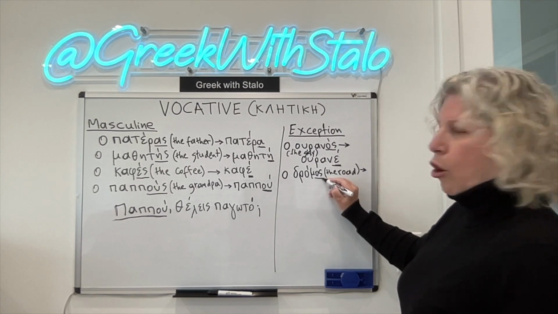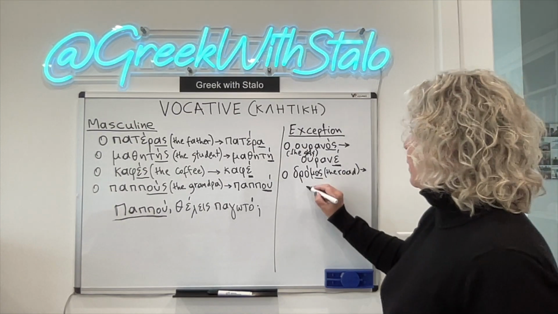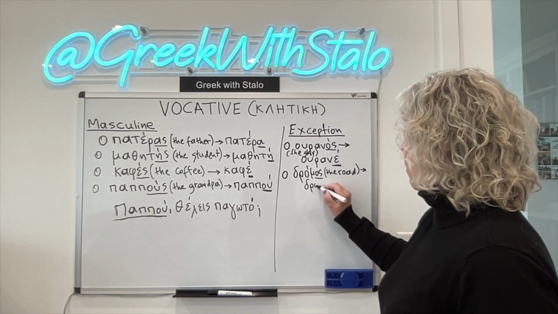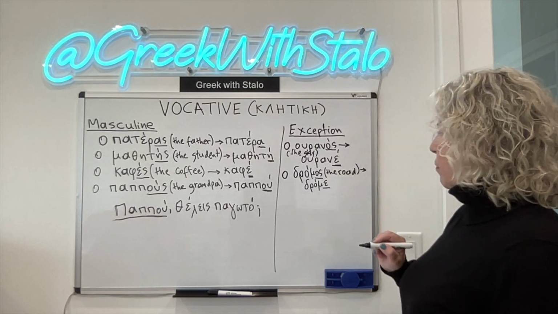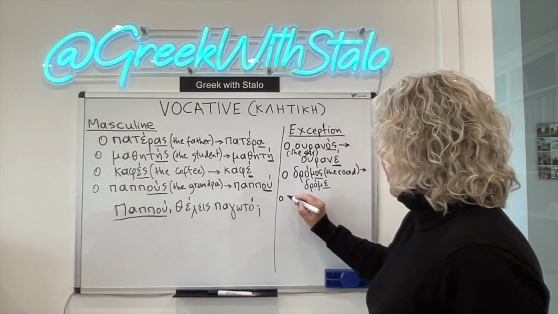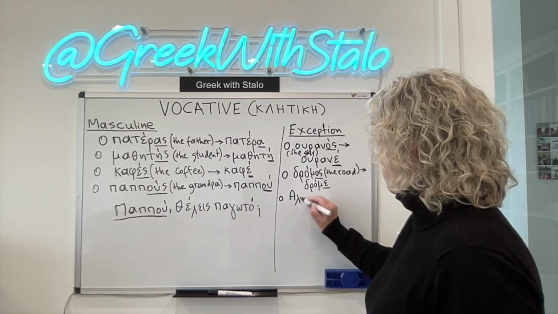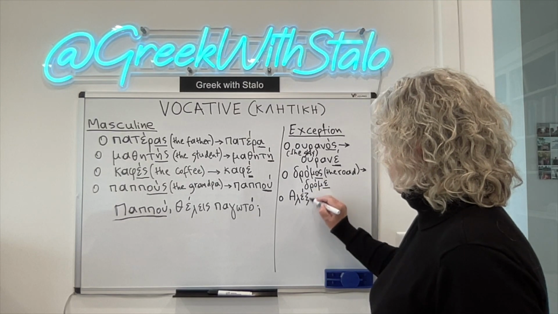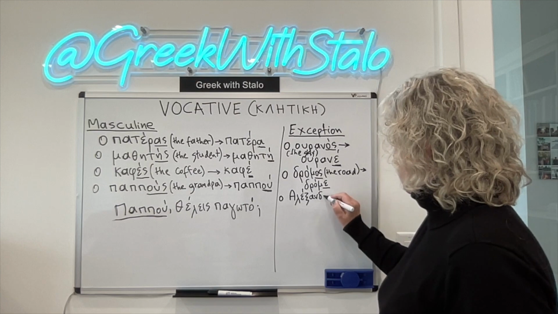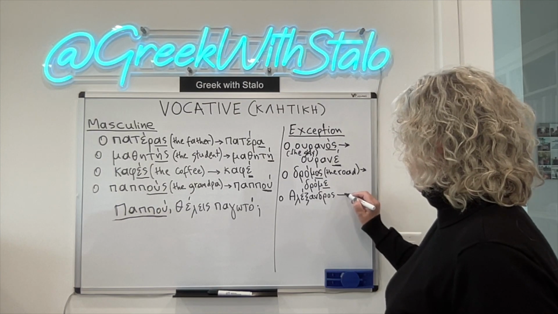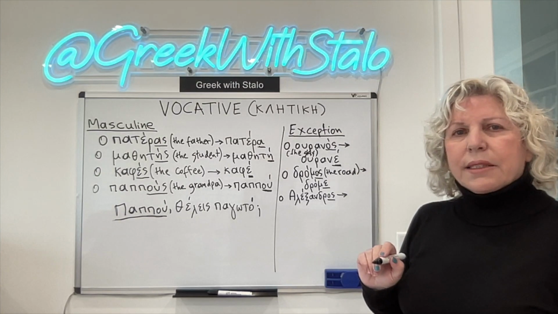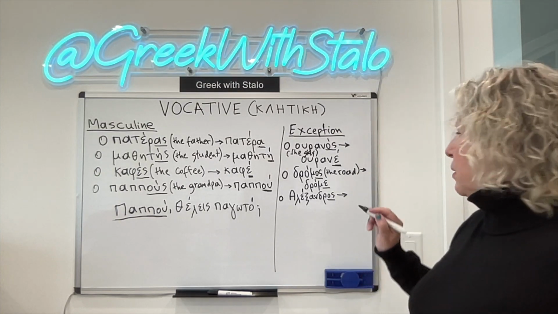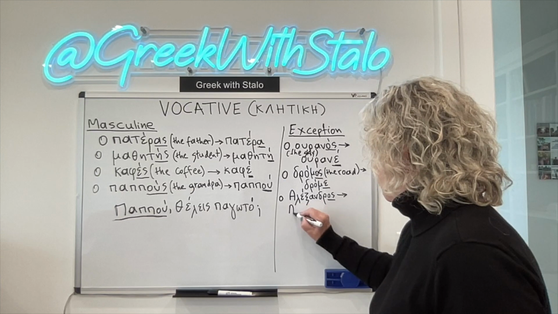It ends in os, so the vocative is δρόμε. Ο Αλέξανδρος. It's a proper name, Αλέξανδρος. The vocative is Αλέξανδρε.